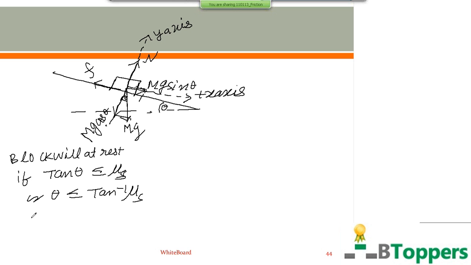So the maximum possible angle of inclination of the inclined plane with the horizontal for which the block just remains at rest on the inclined plane, limiting equilibrium, is called the angle of repose. So the angle of repose is equal to tan inverse us.